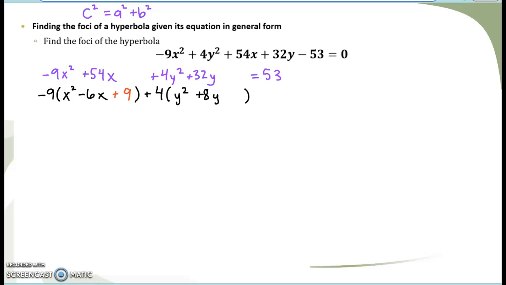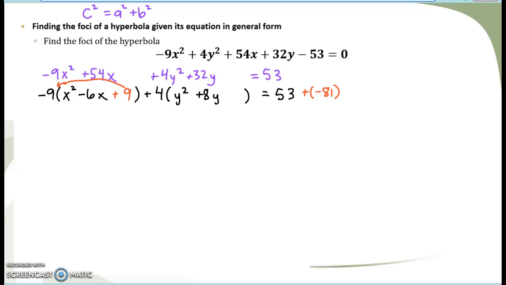But I'm not just adding 9. What am I actually adding to that left-hand side? I'm adding 9 times negative 9, because this negative 9 is being multiplied by every single term. So to the left-hand side, I'm actually adding a negative 81. So I need to add a negative 81 to the right-hand side as well.